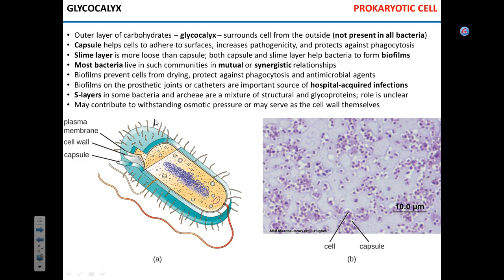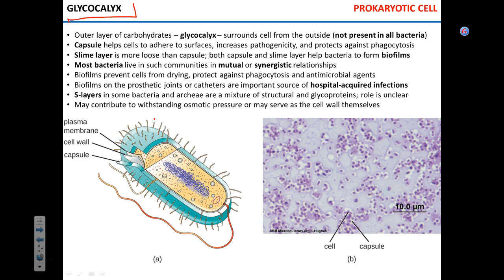But moreover, some cells have a so-called glycocalyx, which is a layer of carbohydrates, the outermost layer in some cells. It's even farther from the center of the cell than the cell wall or the outer membrane. Okay, it's not in all bacteria.